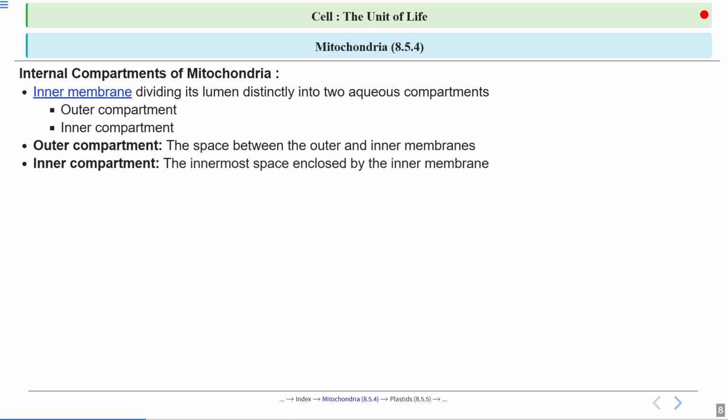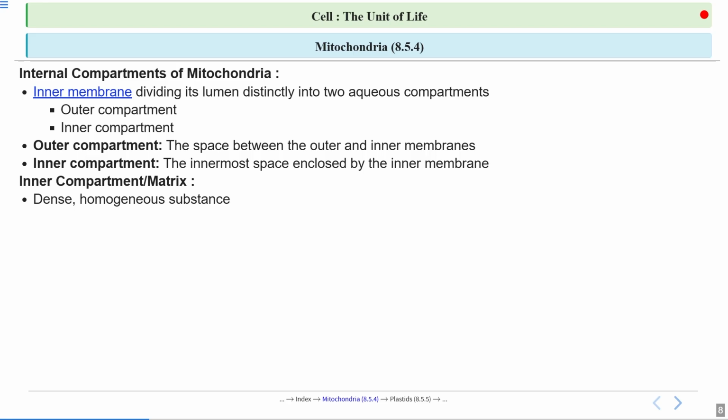The inner compartment is the innermost space enclosed by the inner membrane, means the space below the inner membrane. The inner compartment basically consists of the matrix, which is the fluid present within the mitochondria.